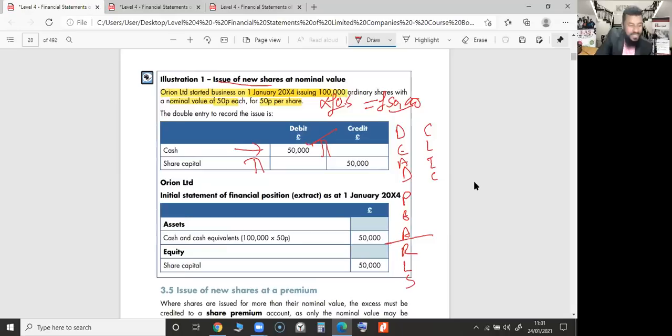DEAD CLIC is very popular in the United Kingdom, but PEARLS is popular all over the world, especially in IGCSE. You can check out my PEARLS video on how to remember debit credit on Google. PEARLS: Purchase, expense, assets are debit; revenue, liability, and sales are credit. But these items go up debit, go down credit.